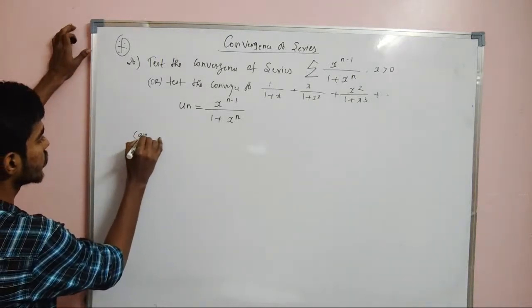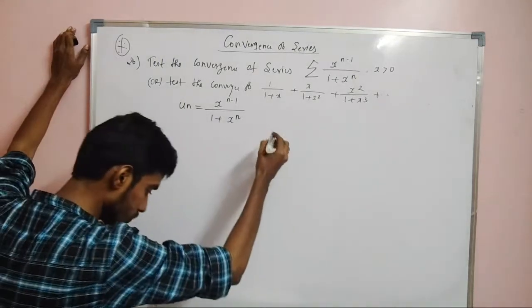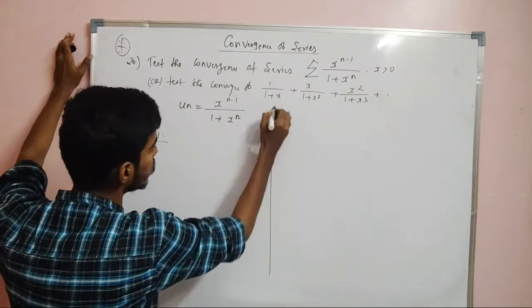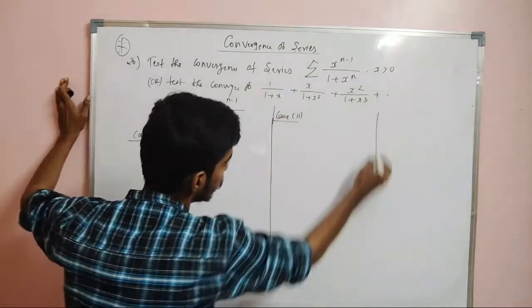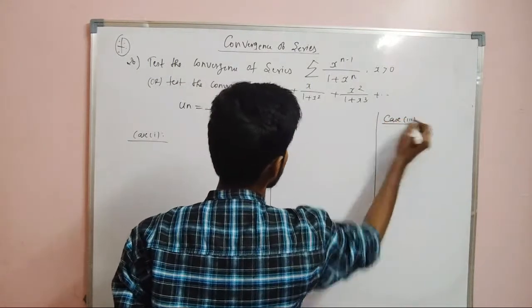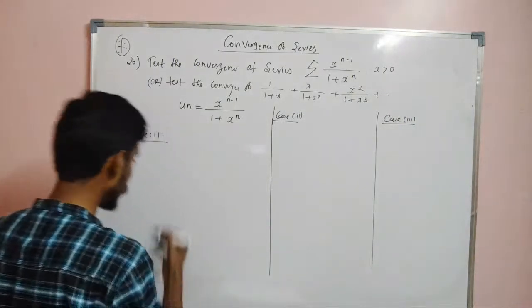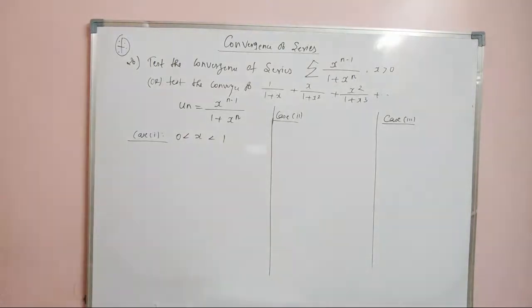So case 1, case 2, and then case 3. So in case 1, what I'm going to do is when 0 is less than x is less than 1. So you always do this.